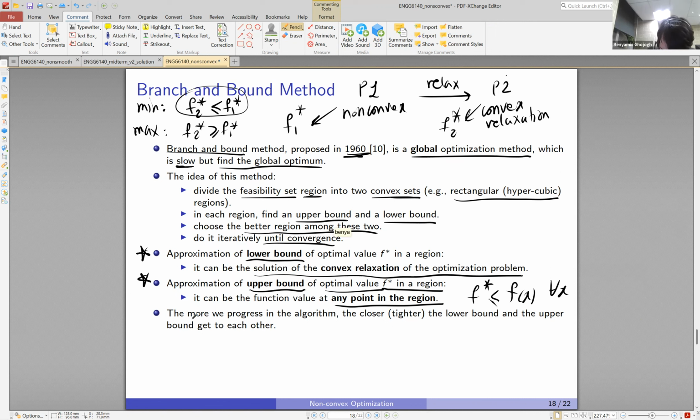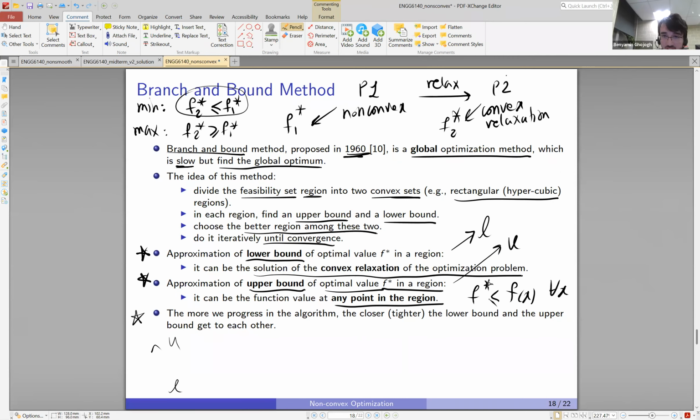Another thing which we should note is that the more we progress in the algorithm, the closer, or the tighter, the lower bound and the upper bound get to each other. So initially, if I denote lower bound by L and upper bound by U, U might be here and L might be here. These are scalars, right?